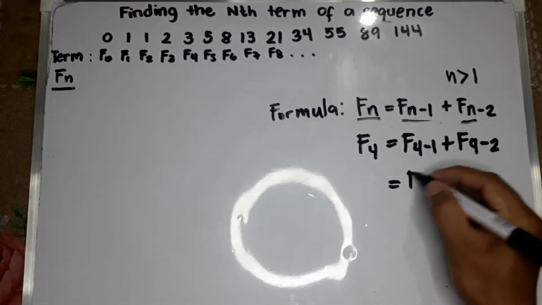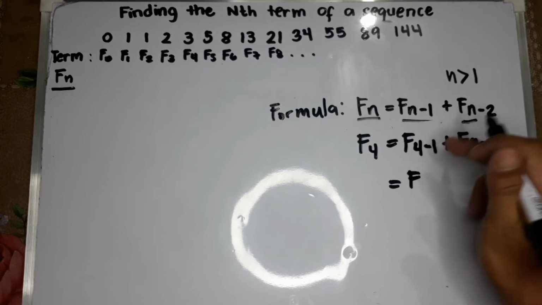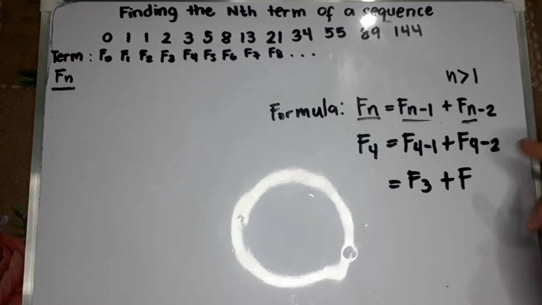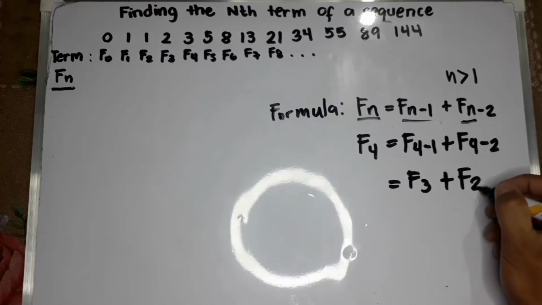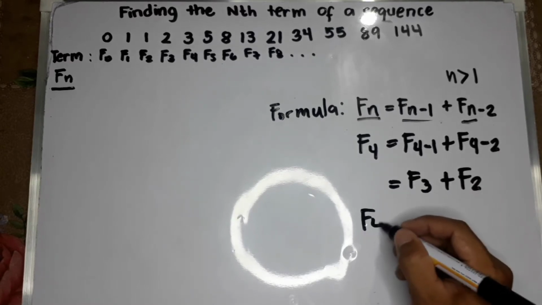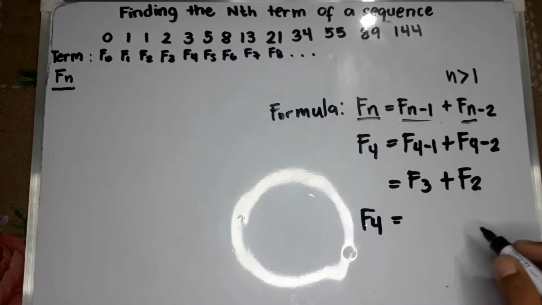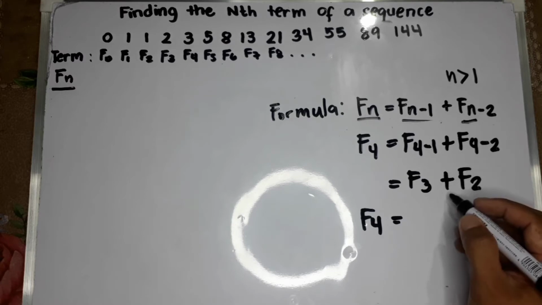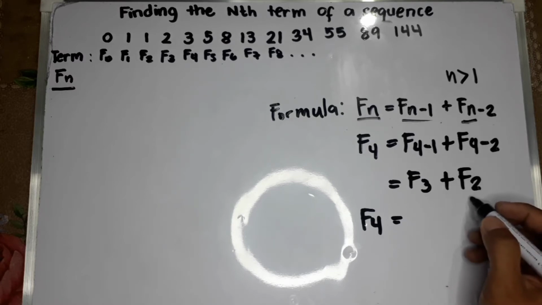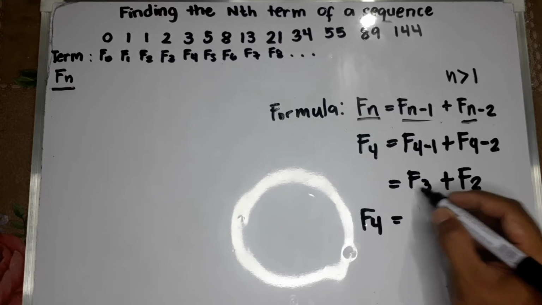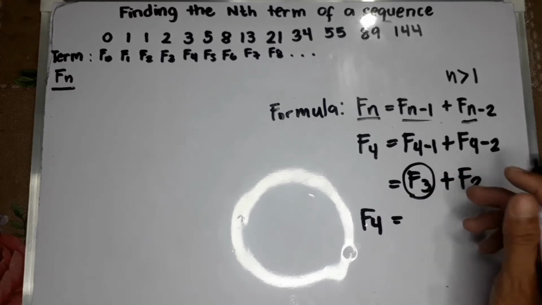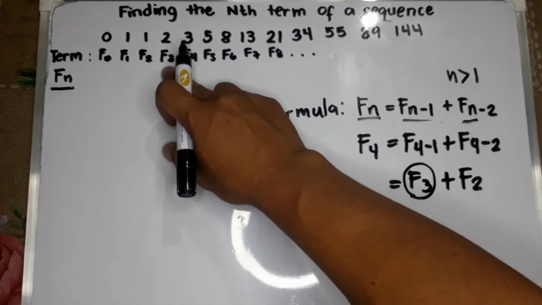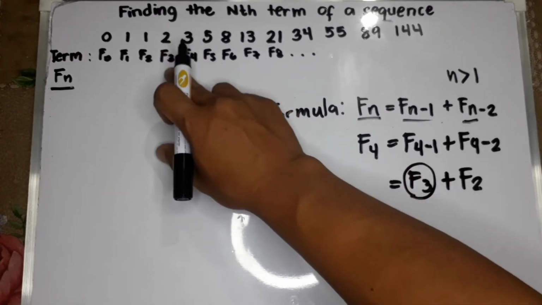Next, we have f sub 4 minus 1 equals 3, plus f sub 4 minus 2 equals 2. So our f sub 4, or the fourth term, is the sum of the two previous terms. So we are going to substitute 2 for f3 because f3, or 2, is in the third term.